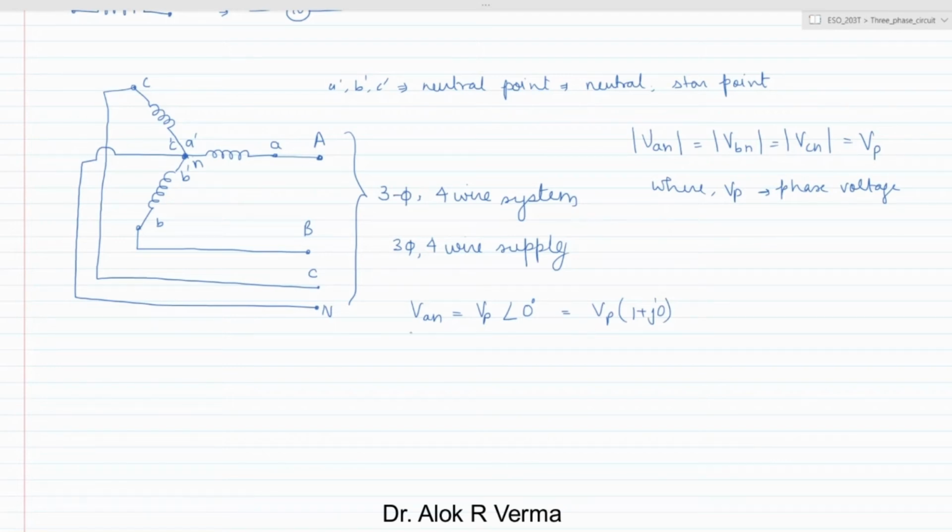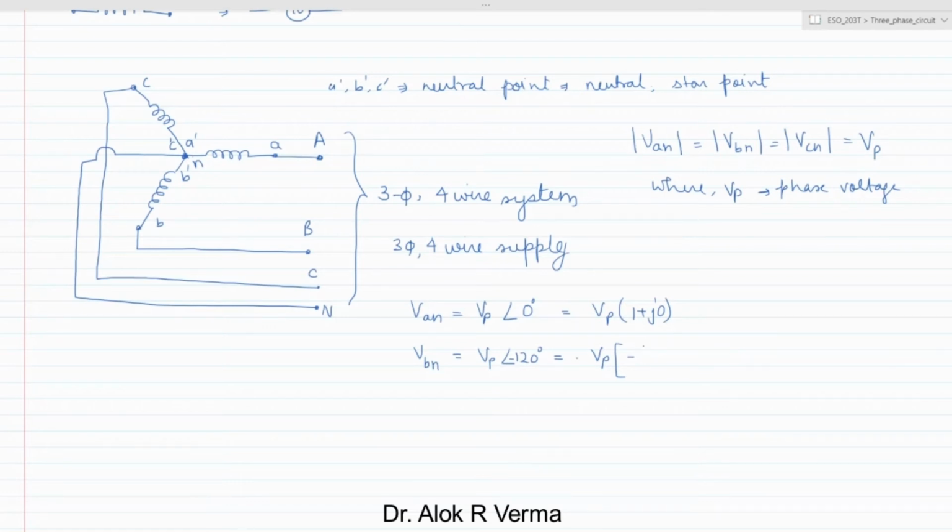Similarly, VBN, which is the phase B voltage with respect to neutral, is VP angle of minus 120 degrees.